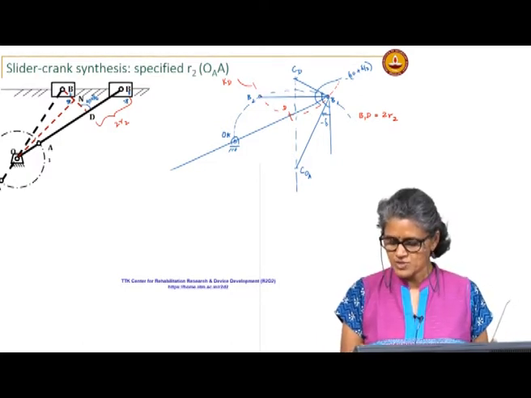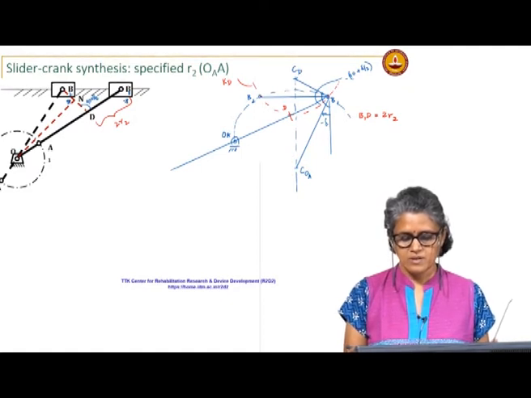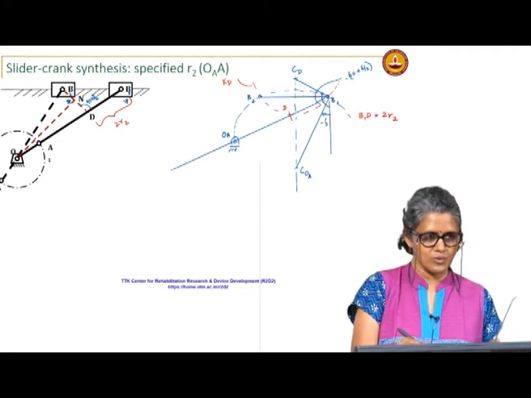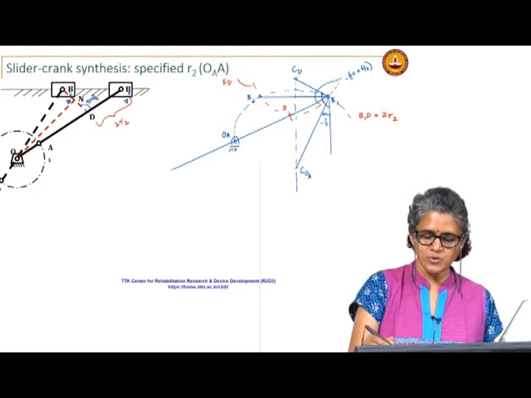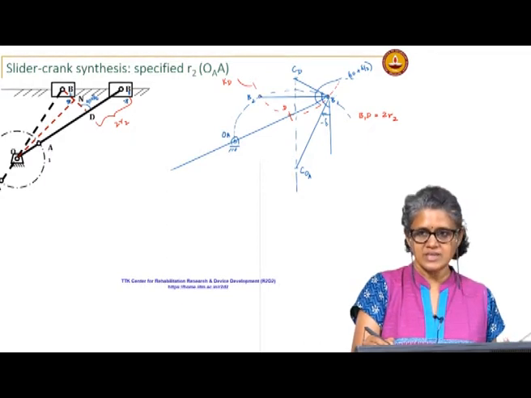So now I have located OA. So OA to B1 is R2 plus R3.